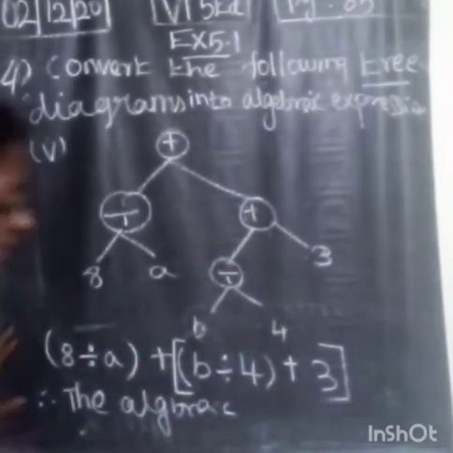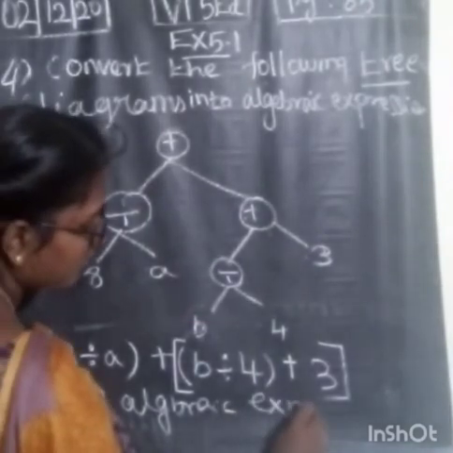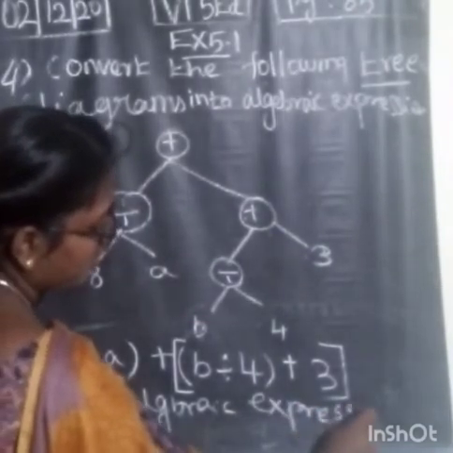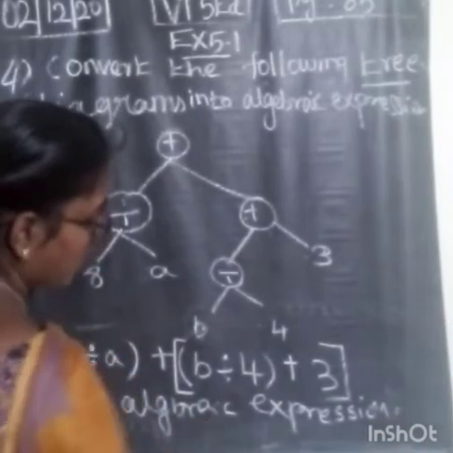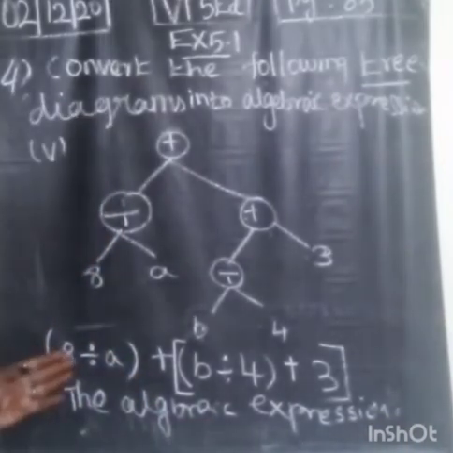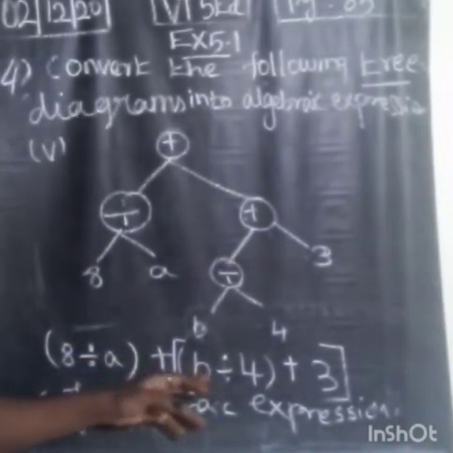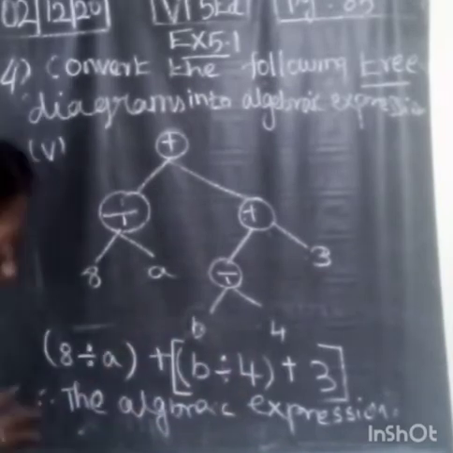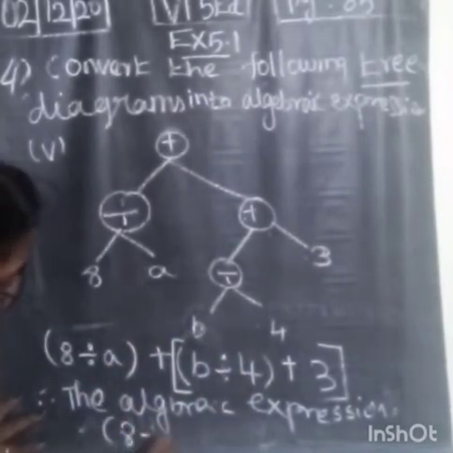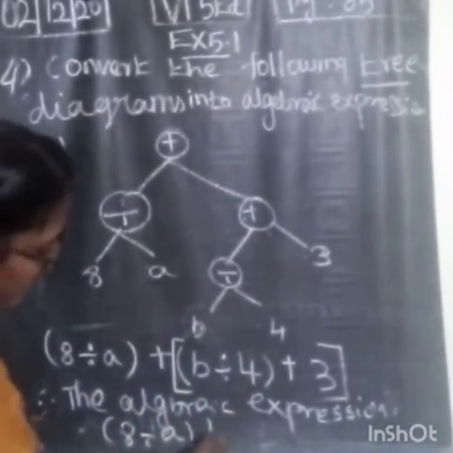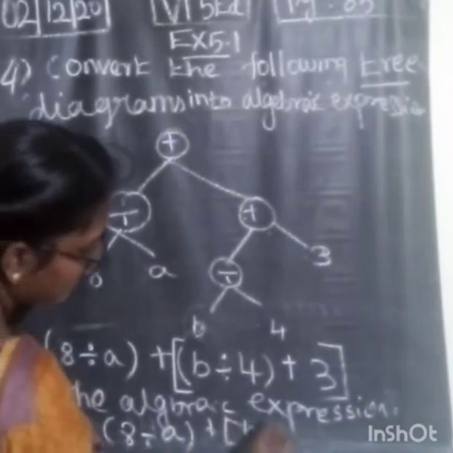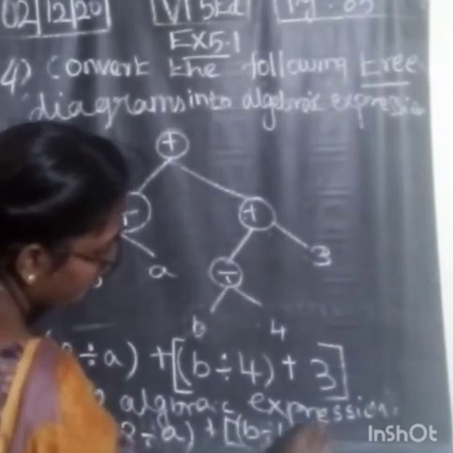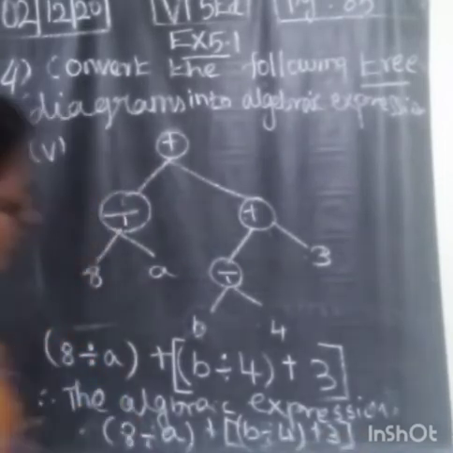Therefore, the algebraic expression equals 8 divided by a plus b divided by 4 plus 3.